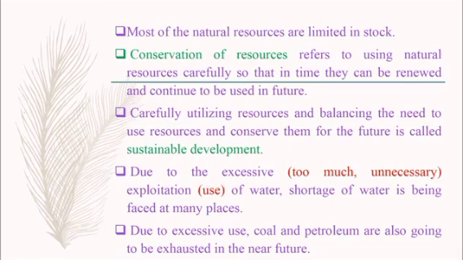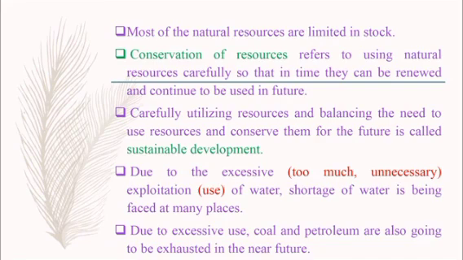So what is meant by sustainable development? Which means carefully utilizing resources. Here utilizing means using. So carefully using resources and balancing the need to use resources and conserve them for the future is called sustainable development.